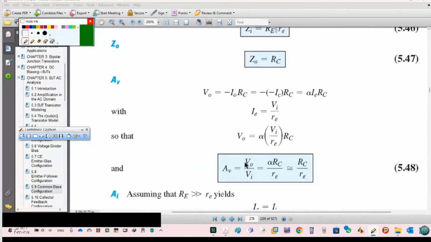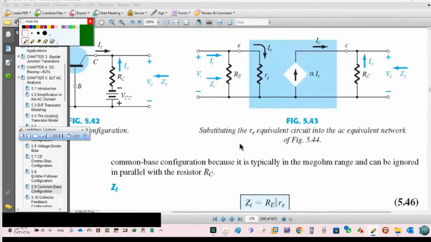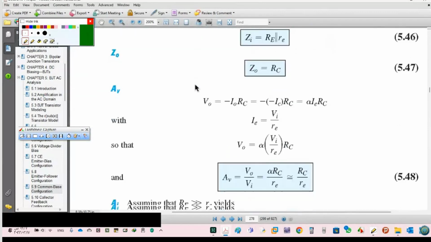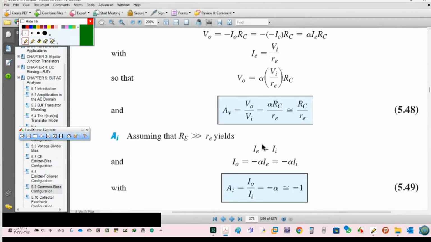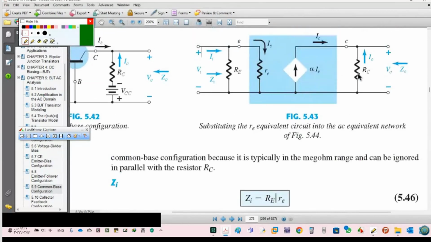Now, I want to calculate AI, the amplifier of current. What is this? I want to find IO over IE. How can we find this? IE equals here, IE. Let's focus on IO.